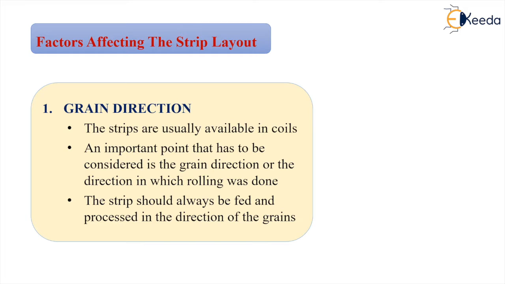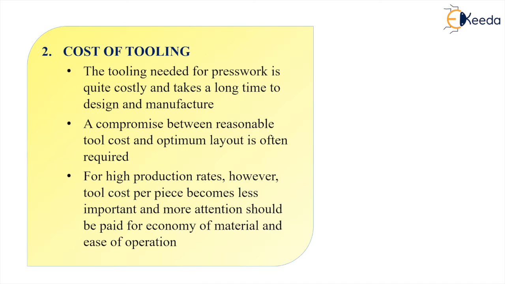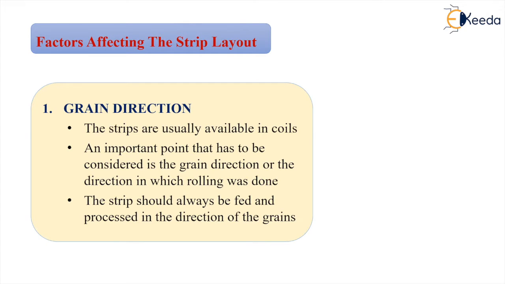The strip should always be fed and processed in the direction of the grain, the direction in which the grains are oriented during production. So in this direction only we should feed the strip. This is the first factor affecting the strip layout.